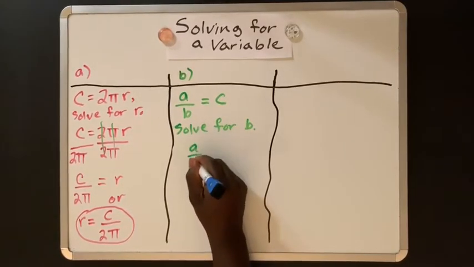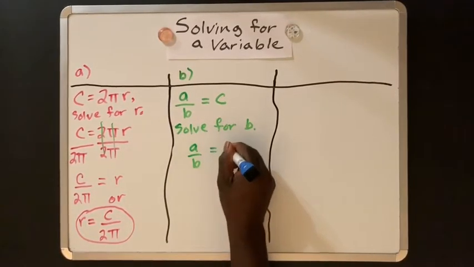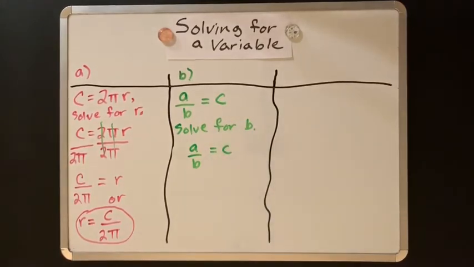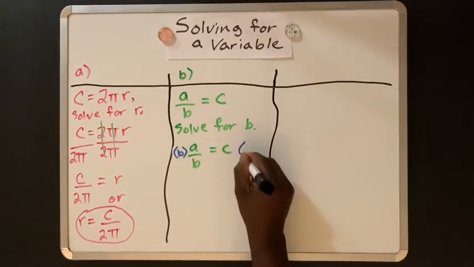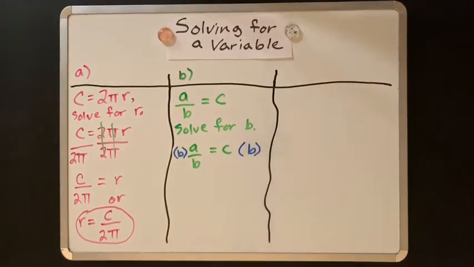A over B equals C. Okay. And like I said, I'm going to multiply both sides of the equation by B. So I'm going to multiply this side by B, multiply this side by B.